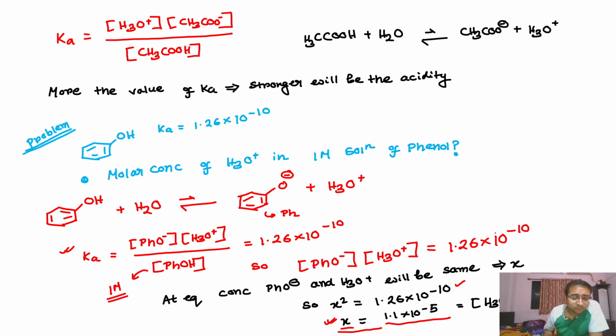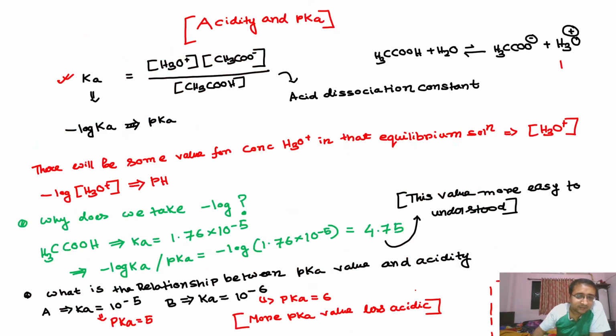So it is not at all convenient to express the acidity of any acid using this Ka. So what is the way to avoid writing this big value like 1.1 × 10⁻⁵ or 1.7 × 10⁻¹⁰?